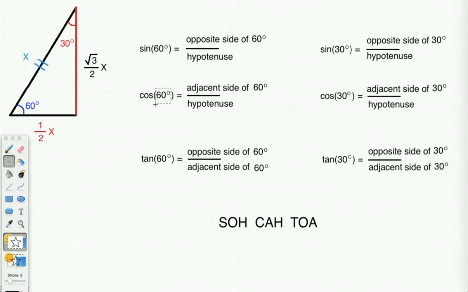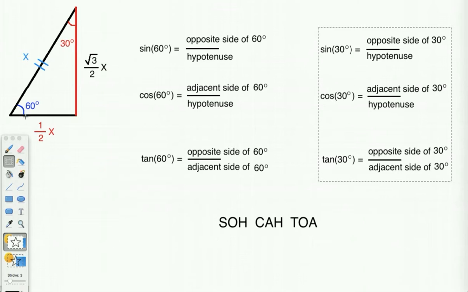Cosine of 60 degrees is equal to the side that is adjacent to 60 degrees divided by the hypotenuse. And here we're talking about the lengths of these sides. And last one, tangent is equal to the length that is opposite of 60 degrees divided by the adjacent side of 60 degrees. Same thing over here, just substituting 30 degrees in instead.